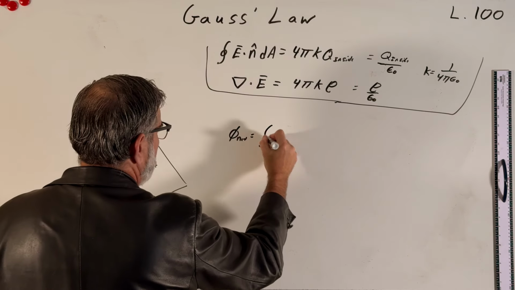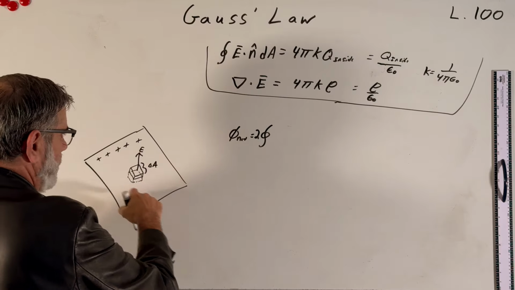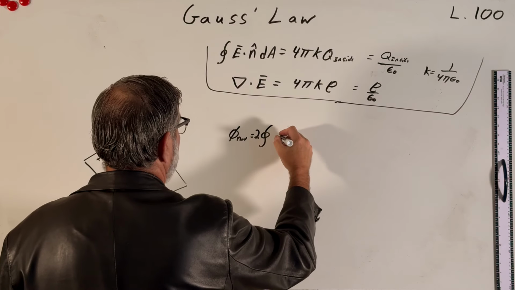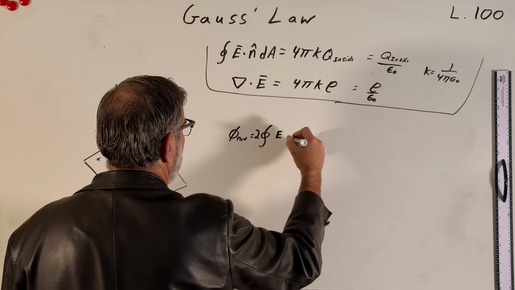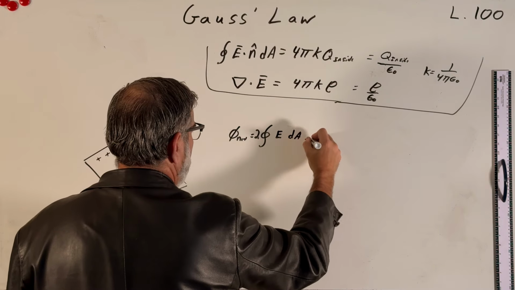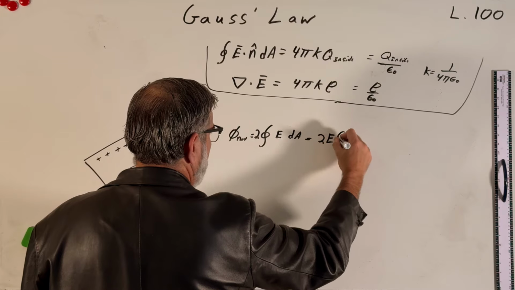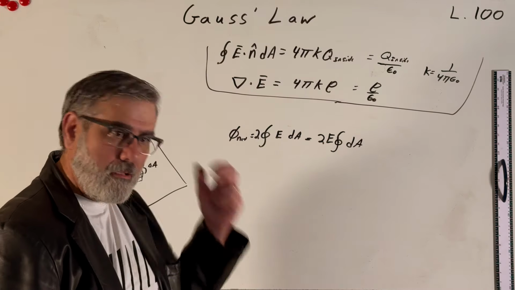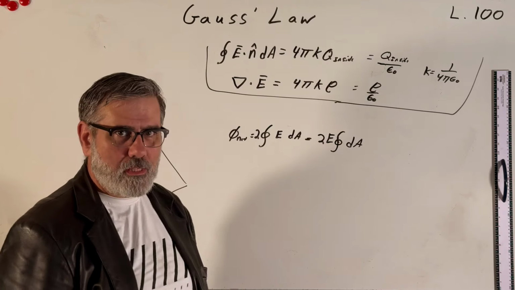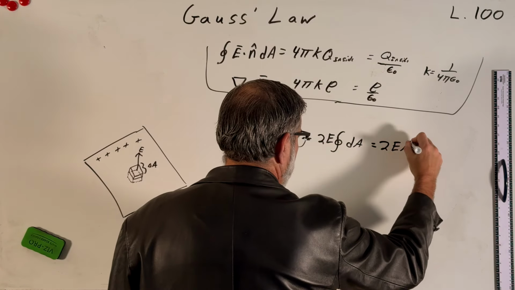We're going to integrate over this surface, and we multiply by 2 because we treat the bottom as well as the top. E dot n is just E, the magnitude of the electric field, dA. This is going to be 2 times E times the surface area integral, dA. There's nothing in there, so that's just A. So this is equal to 2 times E times A.